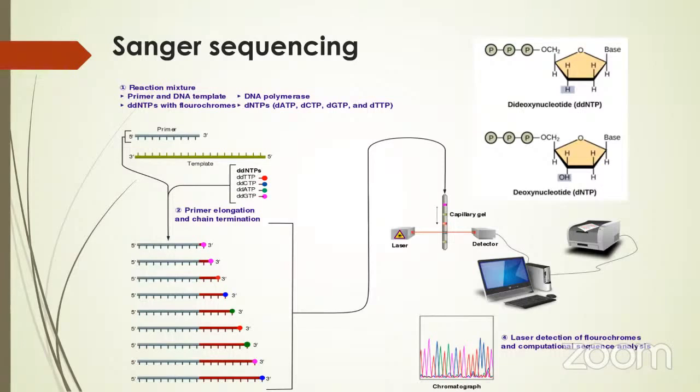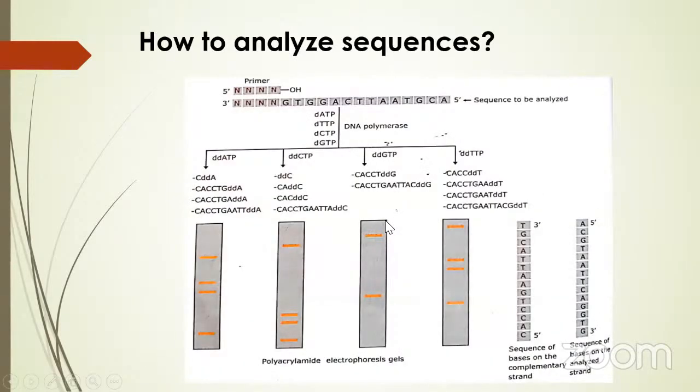The resulting DNA fragments are separated in denaturing gel electrophoresis or capillary gel electrophoresis, and the sequence will be scored. If we score the sequence using that chromatogram, we can see the different fragments we get. Now, how to read or analyze this sequence?